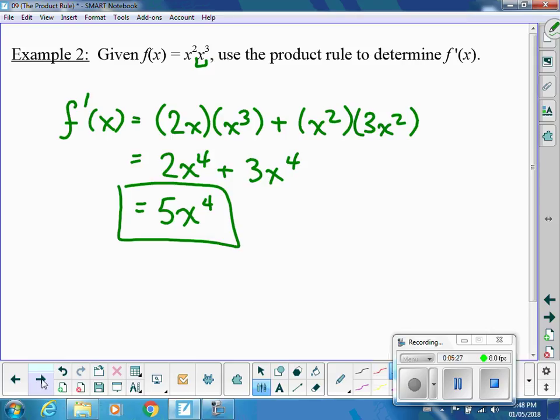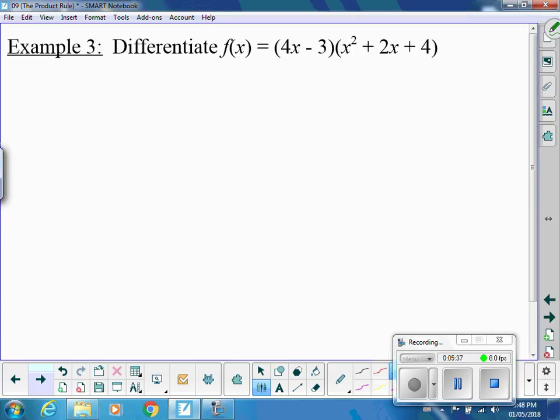We're only going to go over one more example. We'll give you lots of time to practice and get used to using these rules so they become automatic. We're going to take the derivative of 4x minus 3 times x squared plus 2x plus 4. Using the rule, I start with the first part.